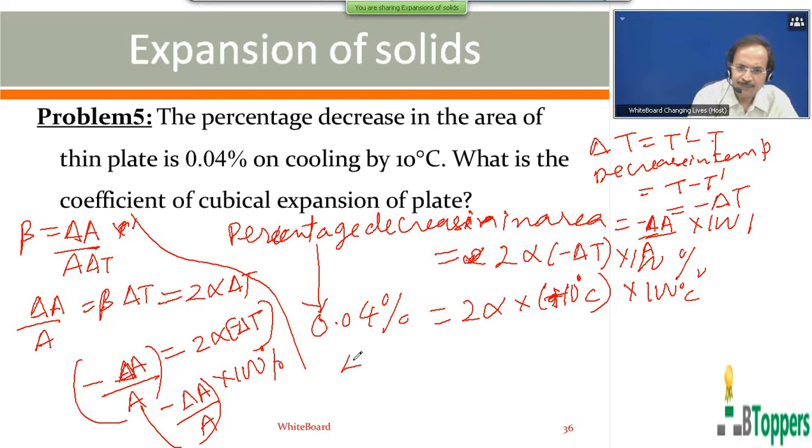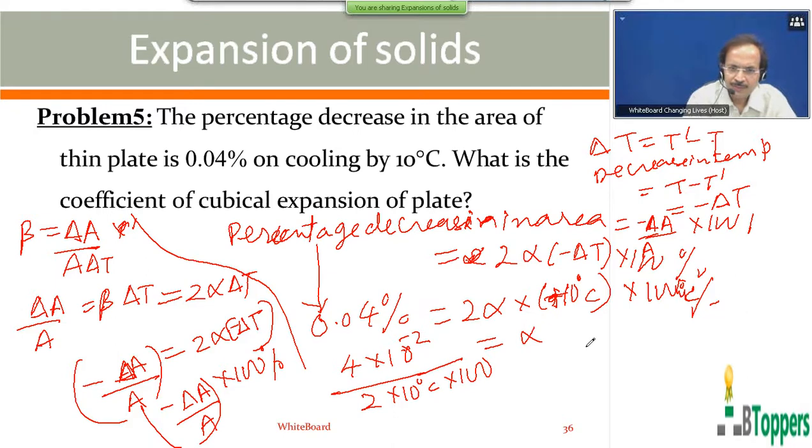So you can solve this for alpha. On the left side you can write 4 into 10 power minus 2 by 2 into 10 degrees centigrade into 100. That is alpha.